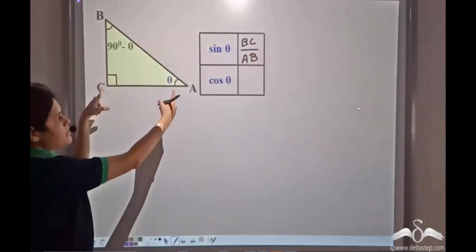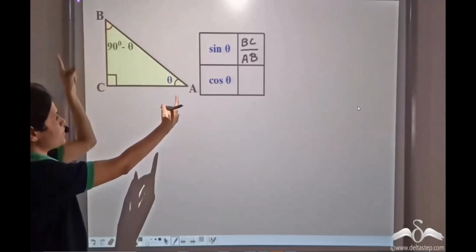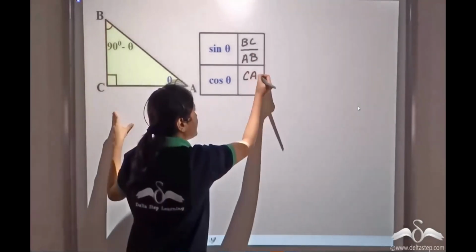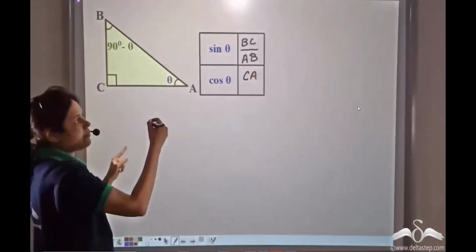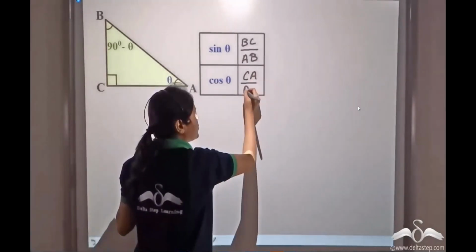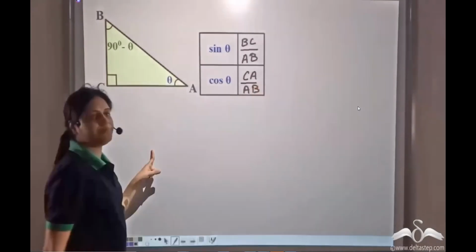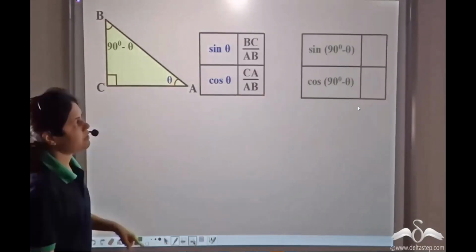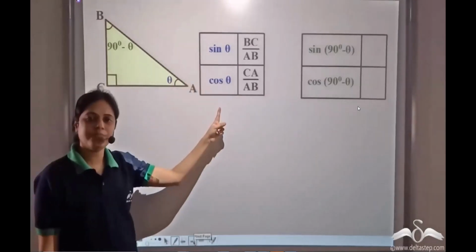Cos theta is adjacent by hypotenuse. Adjacent side is CA and hypotenuse is AB. So it is CA by AB. So this is what we have. Sine theta and cos theta.